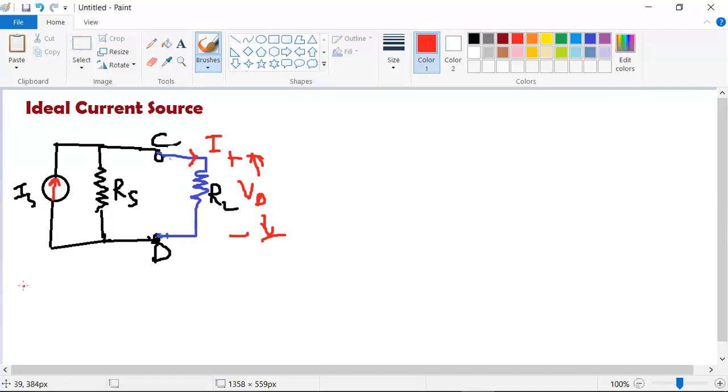Now apply KCL at the node mentioned here. Already you know. Because this is the opposite direction, minus IS.